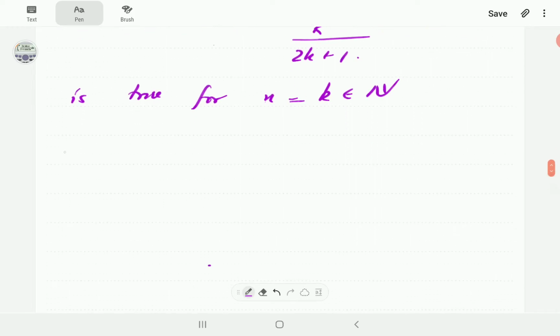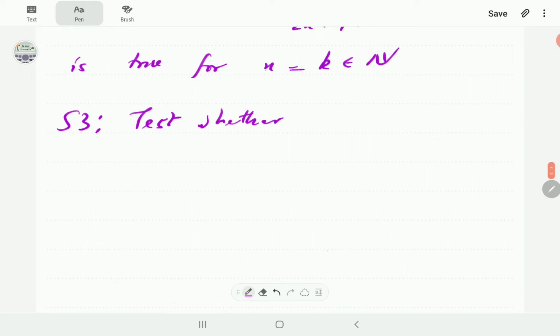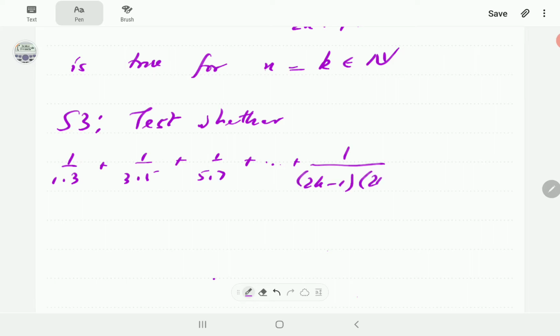Then in step 3, test or prove whether this is going to be true for the next bigger integer. So 1 over 1 times 3, 3 times 5, 5 times 7, then 1 over (2k minus 1)(2k plus 1).